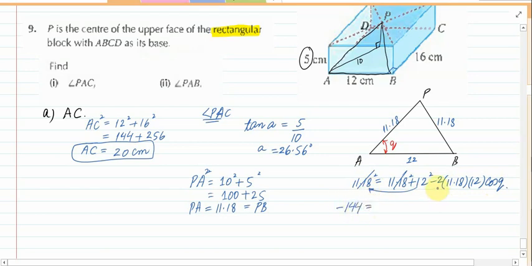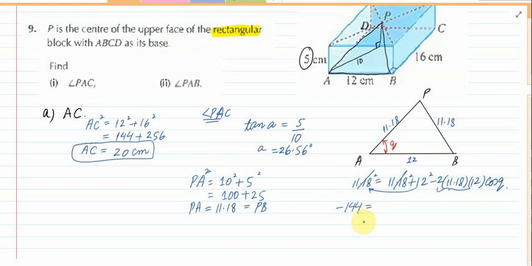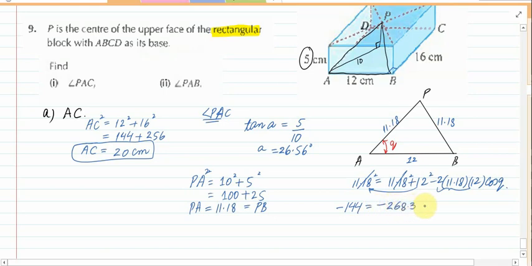And I am going to solve these three terms. So 2 times 11.18 times 12, it's 268.3 with a negative sign, and cos Q. Now negative and negative cancel each other. Now you need to divide it. So 144 divided by 268.3 is equals to cos Q, right?